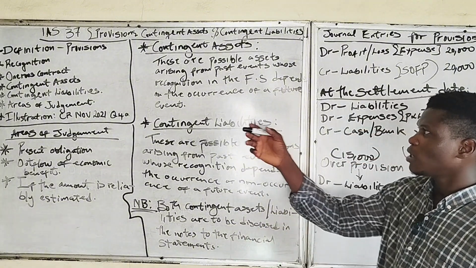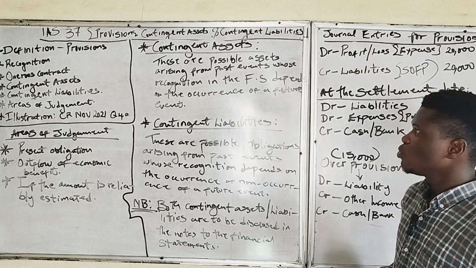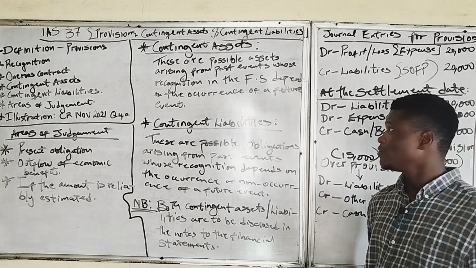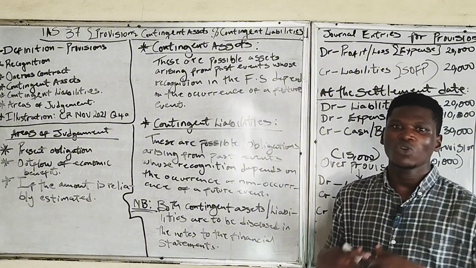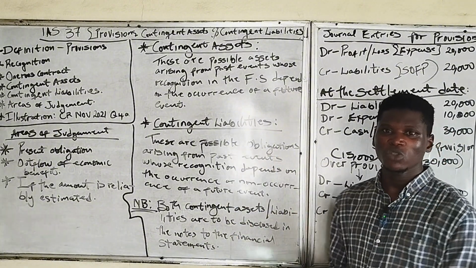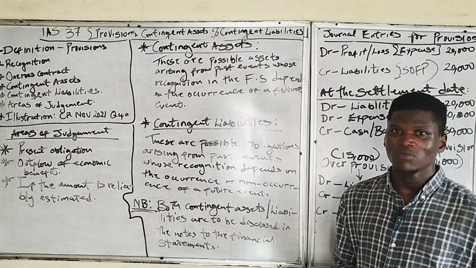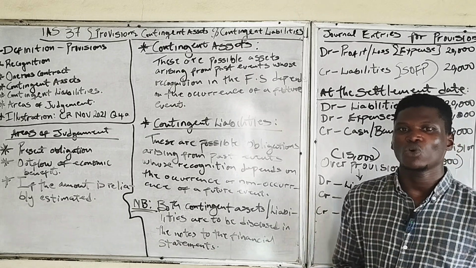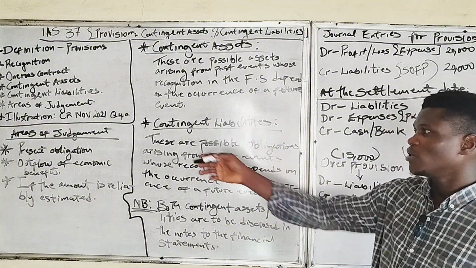They also talk about contingent assets and contingent liabilities. So contingent assets are possible assets which arise as a result of past events whose recognition is dependent on the occurrence or non-occurrence of a future event. Same for liability. There are obligations which arise as a result of past events whose recognition in the financial statement also depends on the occurrence or non-occurrence of a future event. Then we talked about the areas of judgment.